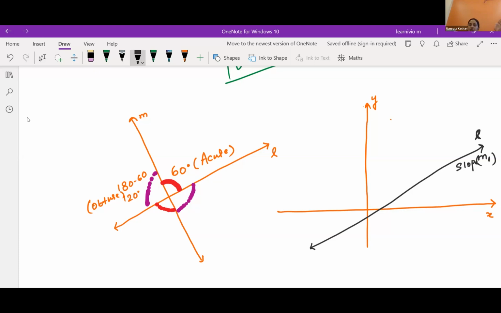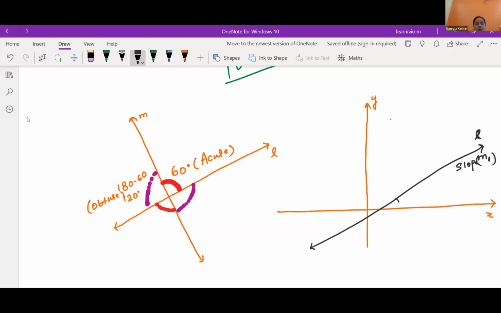Now from the left direction towards the right direction, if we see the line is going down and down, that means the slope will be negative, right? Yes, sir.